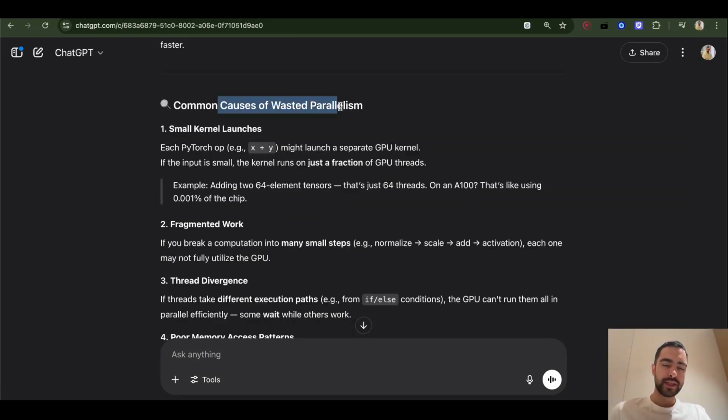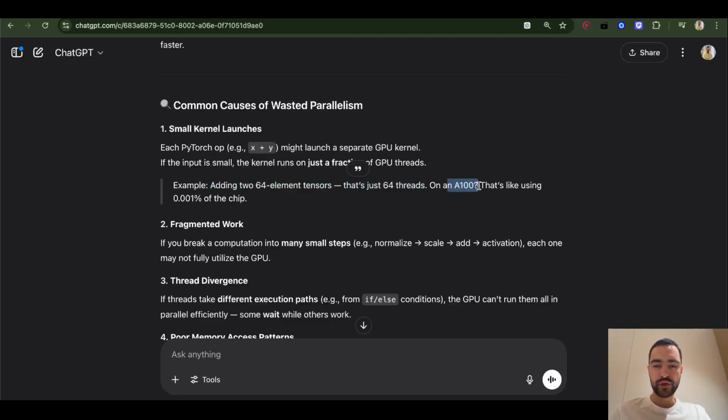Common causes of wasted parallelism: small kernel launches. Each PyTorch operation, like x plus y, might launch a separate GPU kernel. If the input is small, the kernel runs on just a fraction of GPU threads. For example, adding two 64-element tensors is just 64 threads.